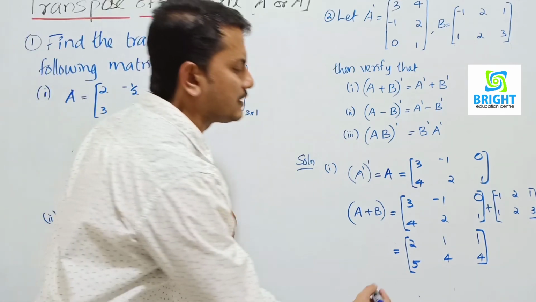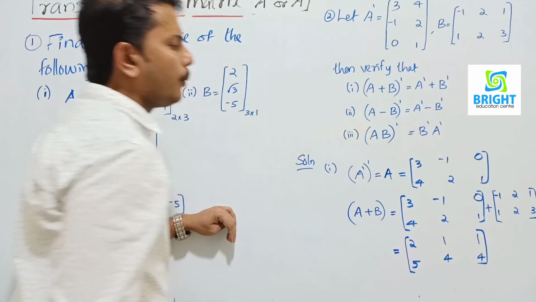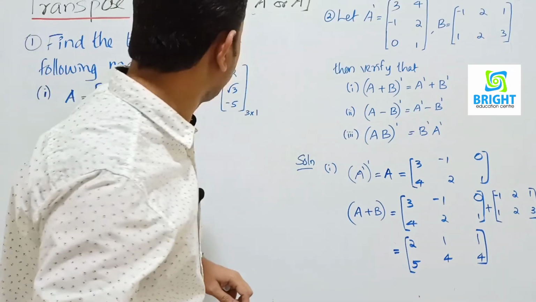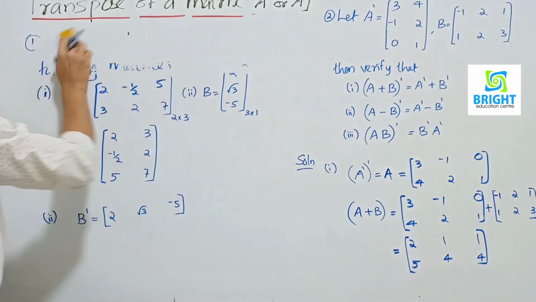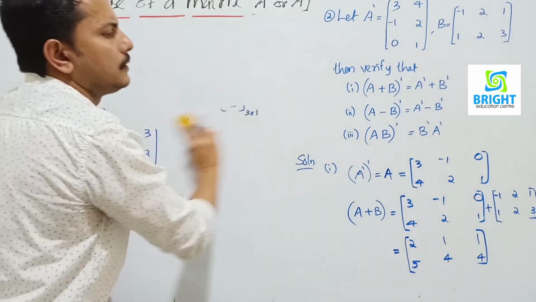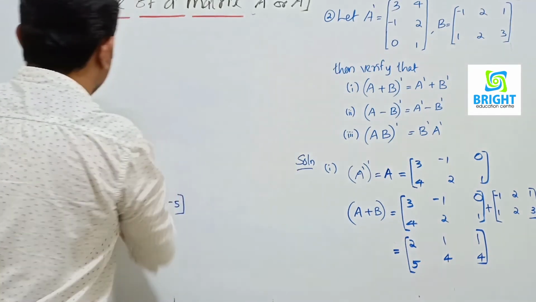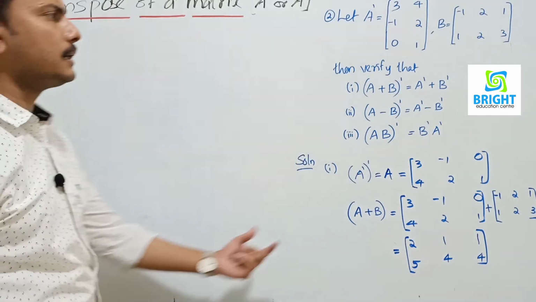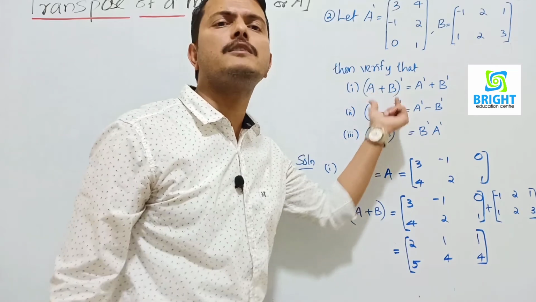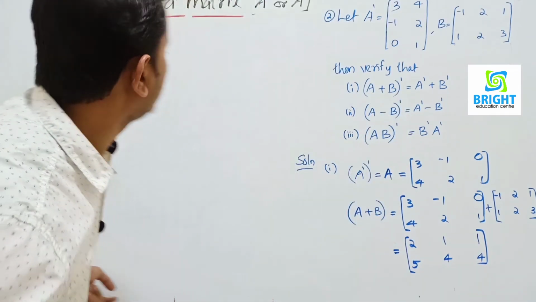Now we have to find the transpose of that one. So when you find the transpose, I will be rubbing the previous part. All of you copied this one. So the second part is we have to find the transpose of that matrix. Transpose will be obtained by what?